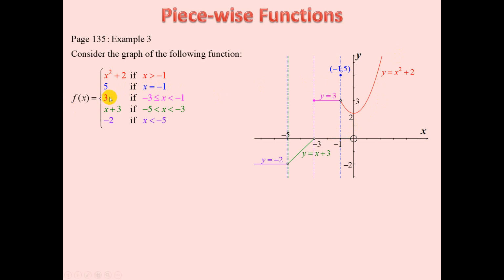We have y equals 3 between -3 and -1, so there we are, -3 to -1. We have y equals x plus 3 between -5 and -3. There you are. There's y equals x plus 3 there. And then y equals -2 to the left of -5.